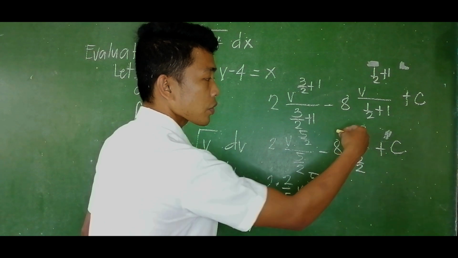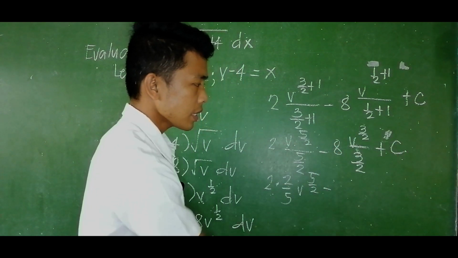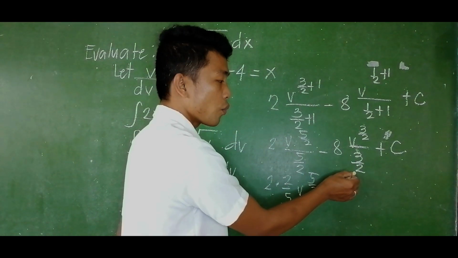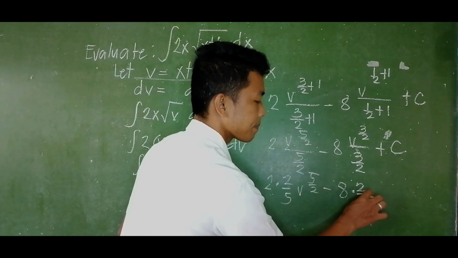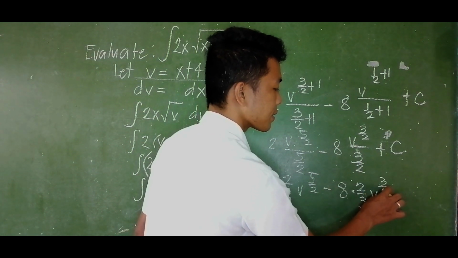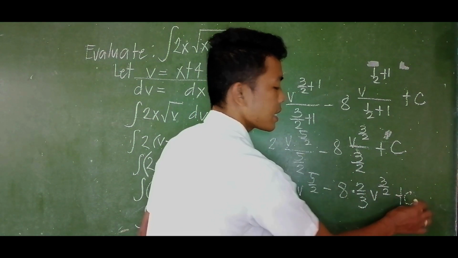We will do the same on the right side. We will get 8 times the reciprocal of 3 over 2. That is 2/3. And then copy v raised to 3/2, and then plus c.